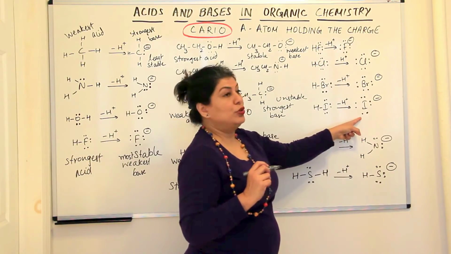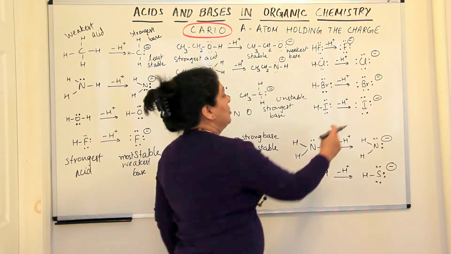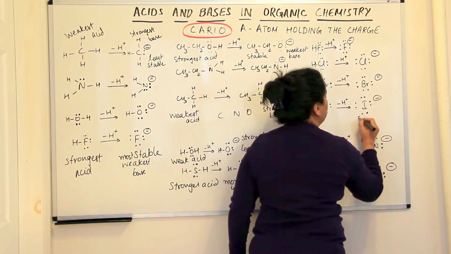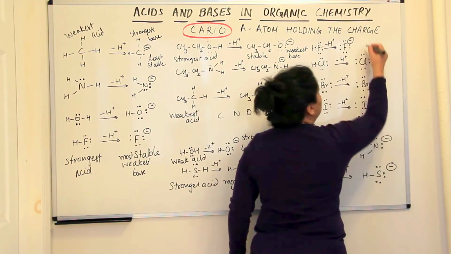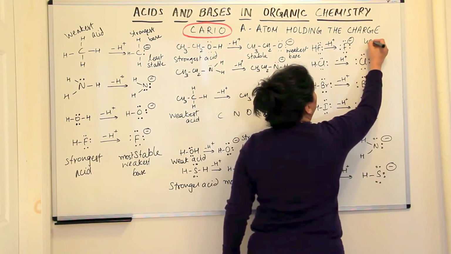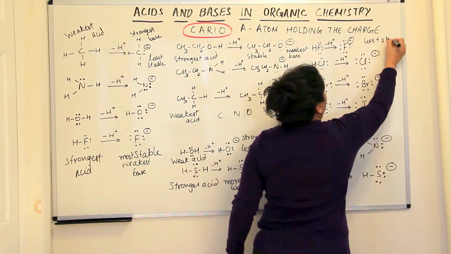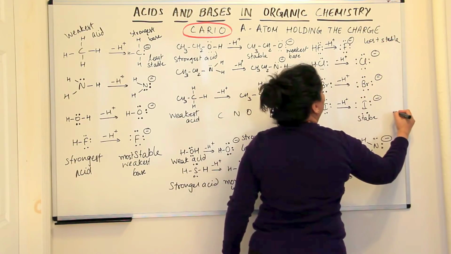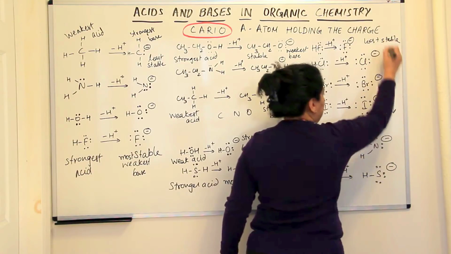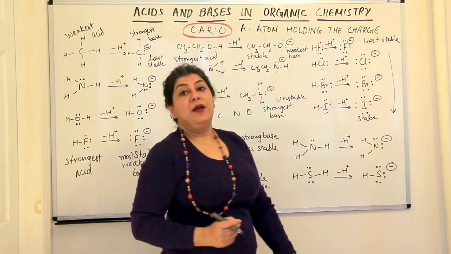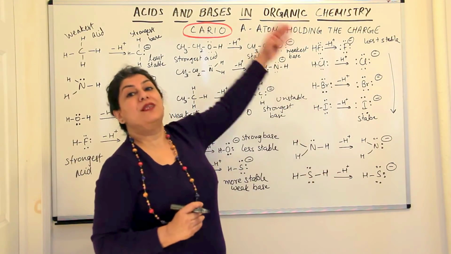The electrons are on the lorry, electrons on the trolley. So the ones that are on the lorry are stable. This is the least stable. And this is the sequence of stability. Stability is increasing downwards, and therefore basicity would be the opposite sequence.